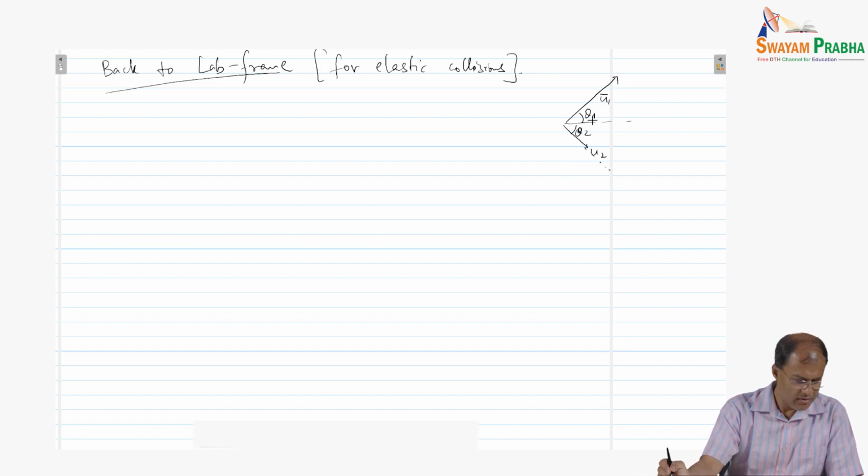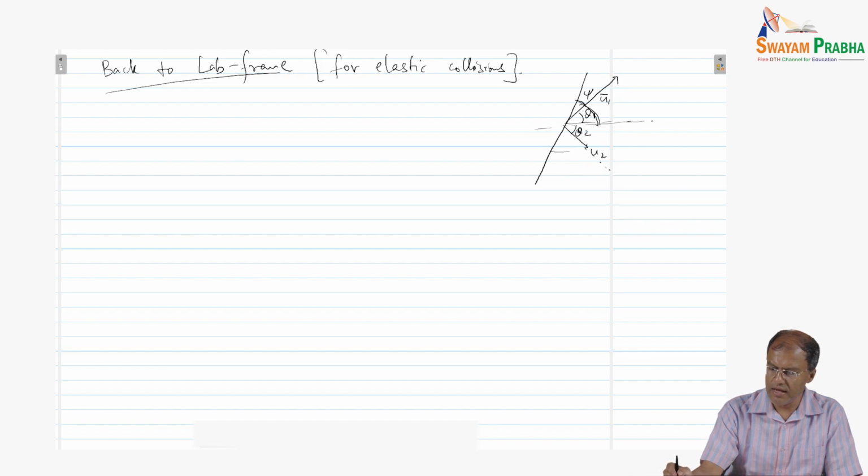This is what we have. This is the lab frame psi, and this is the zero momentum angle psi. So psi will be the total angle here with respect to the horizontal, and we have that this psi is the following, and this is theta 2 here. Theta 2 is the recoil angle in the lab frame.